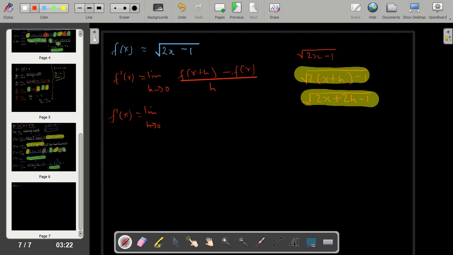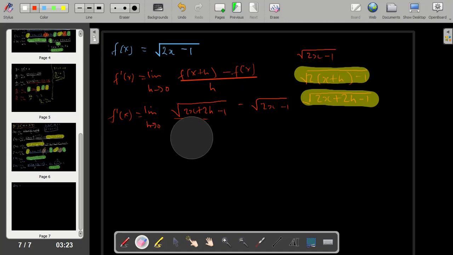So let's write that. We have the root of 2x plus 2h minus 1, everything, our function, minus the root of 2x minus 1, dividing, okay, sorry for that, everything dividing by h.